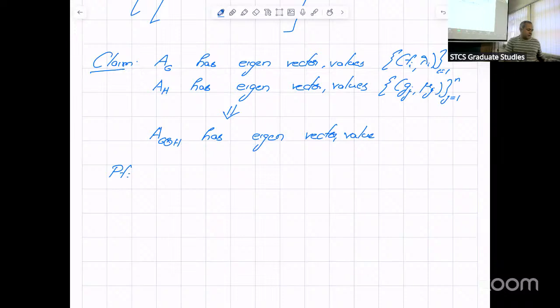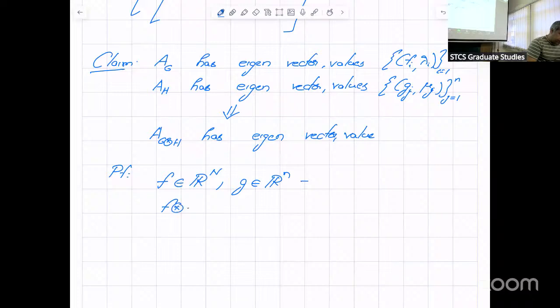So let's define: if f is in R^N and g is in R^n, then define f tensor g in R^(Nn) by (f tensor g)(u,v) = f(u) times g(v).